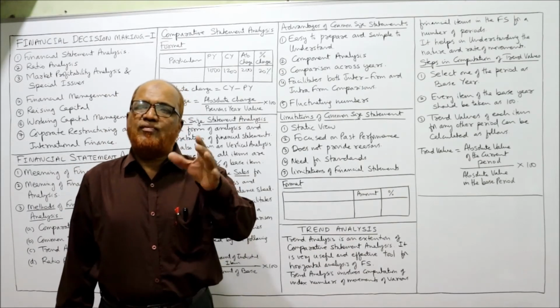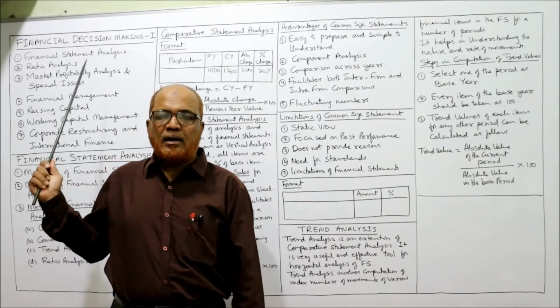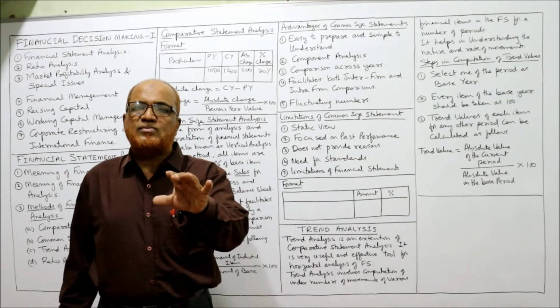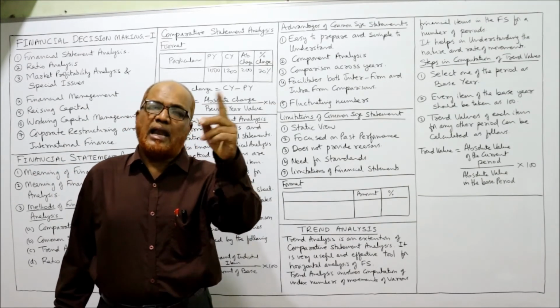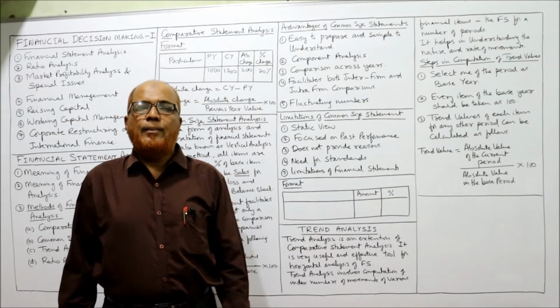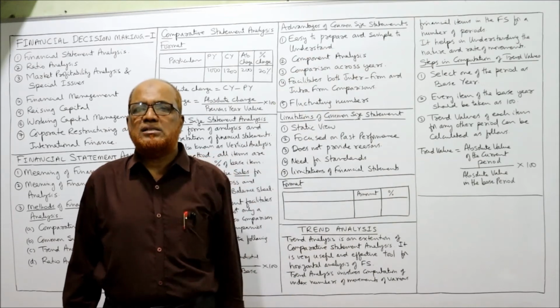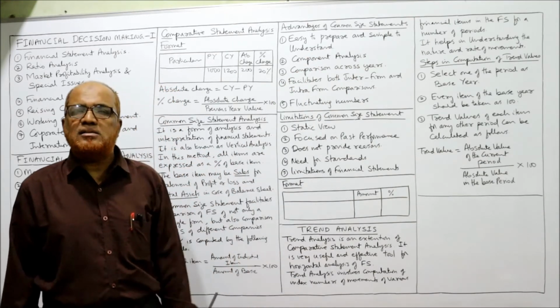Trend analysis is very similar to comparative statement analysis. In comparative statement analysis, we are comparing 2 years, last year with the current year. But if we extend our study for more than 2 years, then it will be called trend analysis.